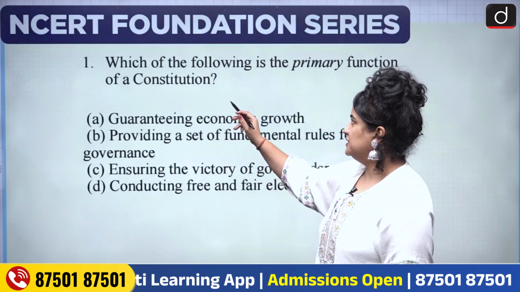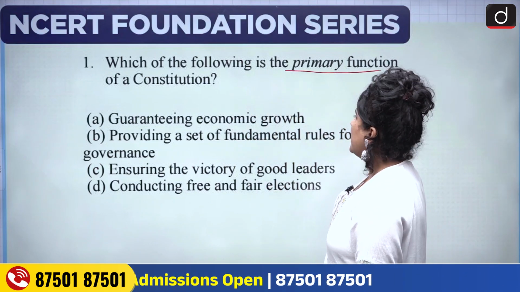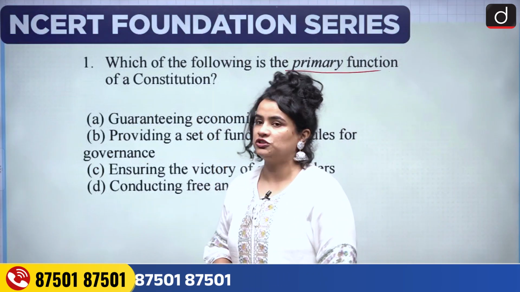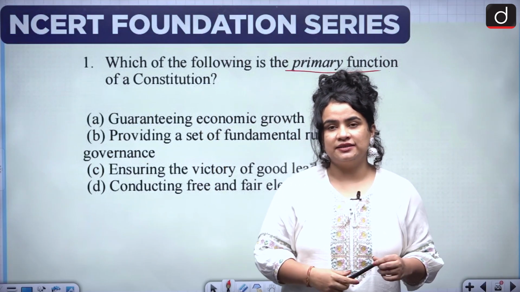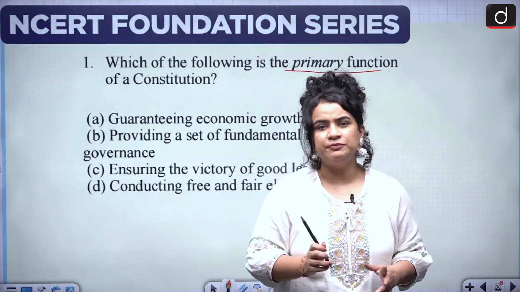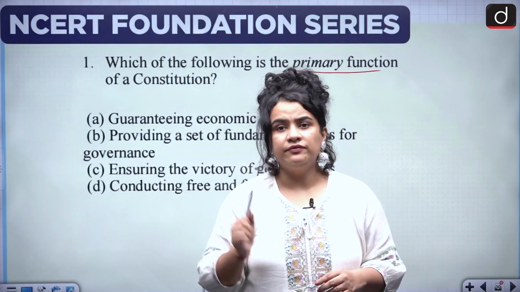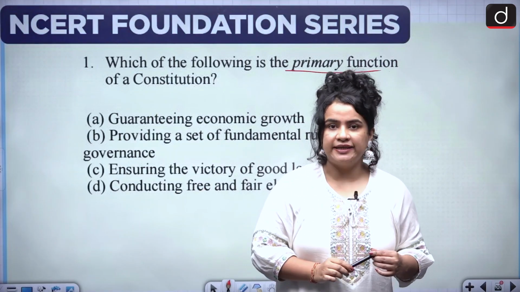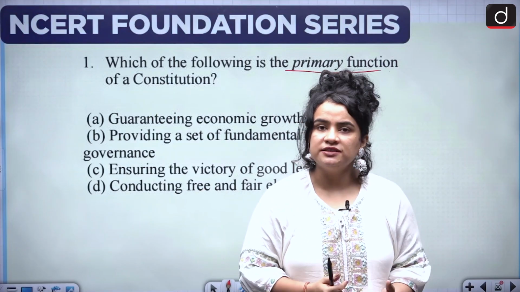Now the first question says which of the following is the primary function of a constitution? So let's revisit class 9, that was around the second or the third chapter that we were studying while we did MCQs on class 9 NCERTs, and we discussed what a constitution is.